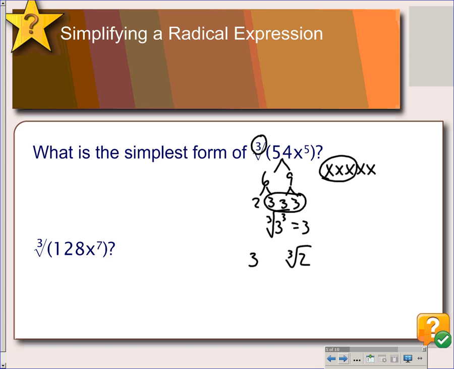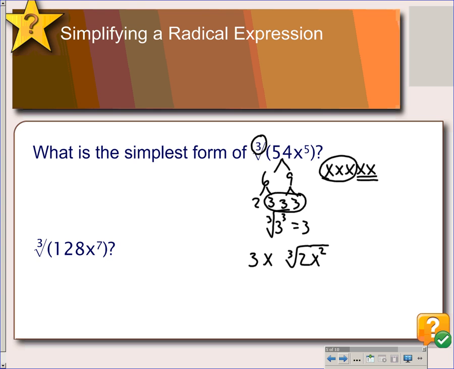We have one group of 3, so that would be x to the 1st power, meaning x, one group. And then we have 2 x's left over. Since that's not a perfect cube, we're going to put it back in the radical as x squared. So there's our final answer in simplified form. This is a little bit confusing, but give it a try. I think you can do it.